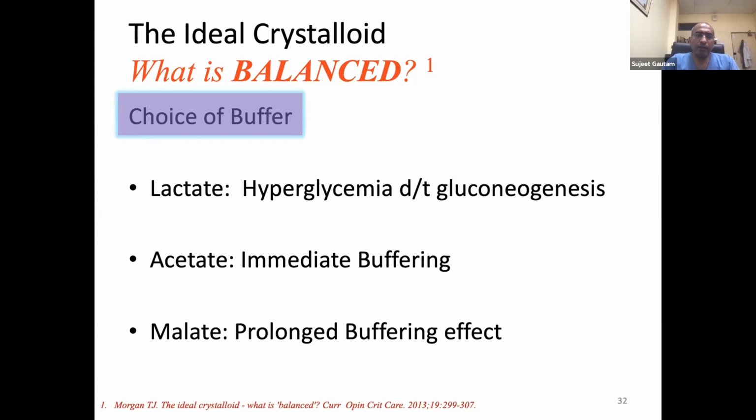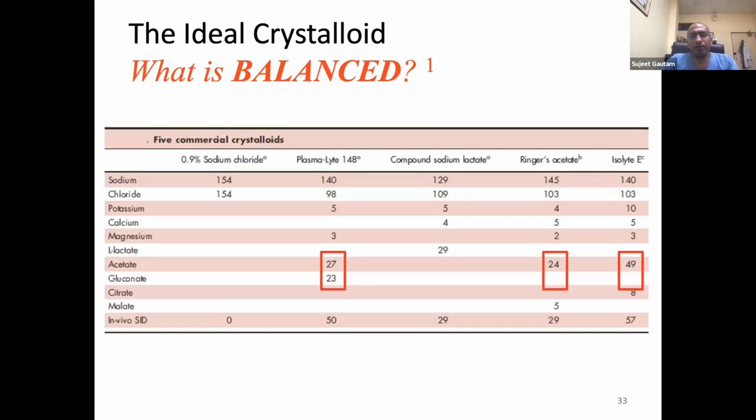Then malate is also there, and it is metabolized very slowly and provides a long duration of buffering effect. So different crystalloid solutions, balanced salt solutions have got different buffers, as you can see: acetate, gluconate, and malate.